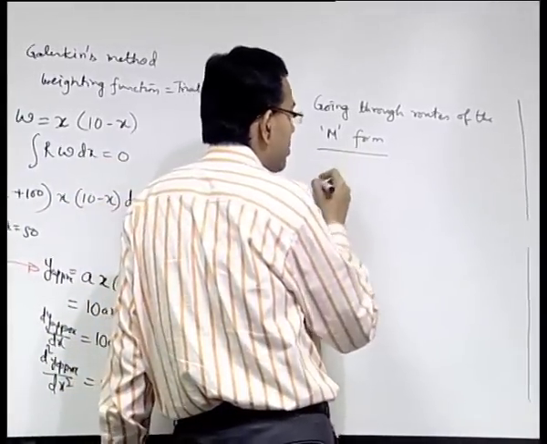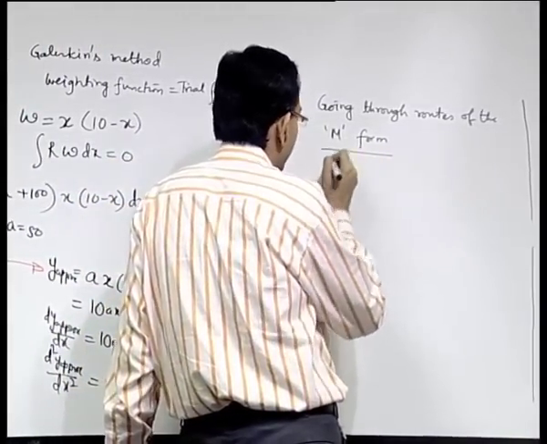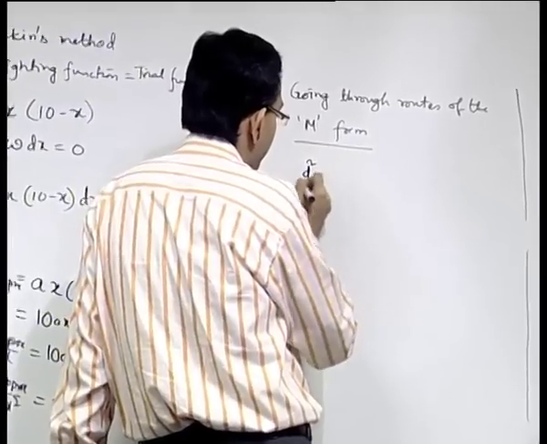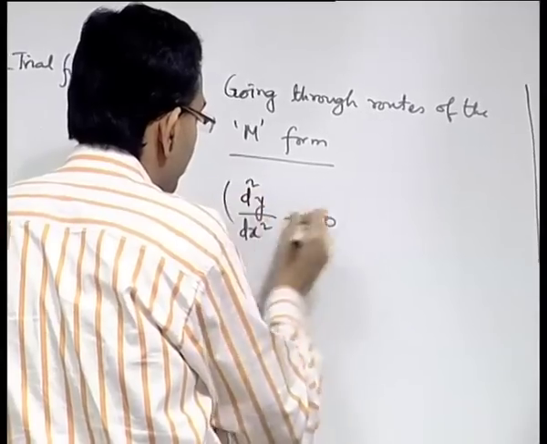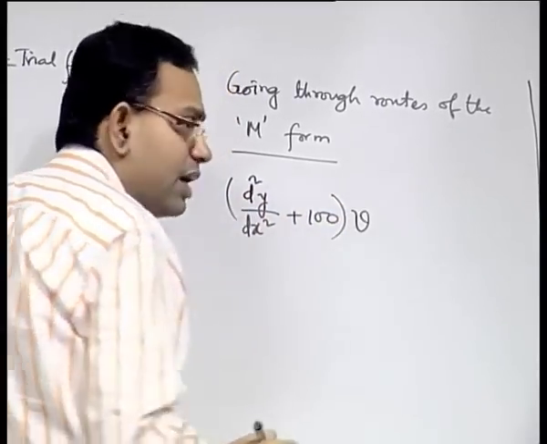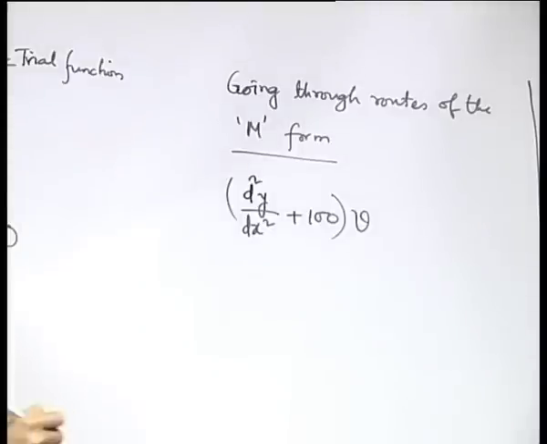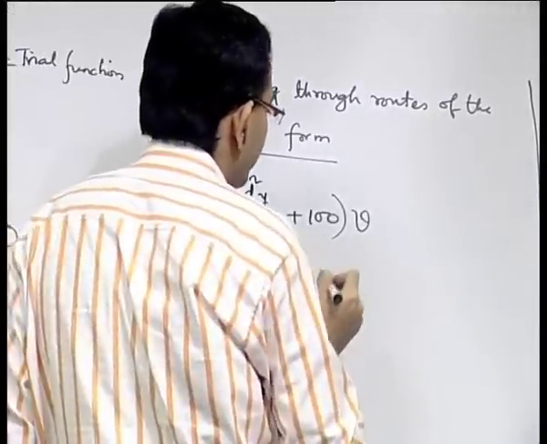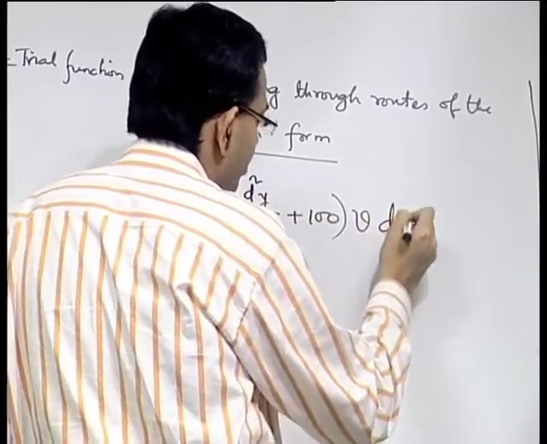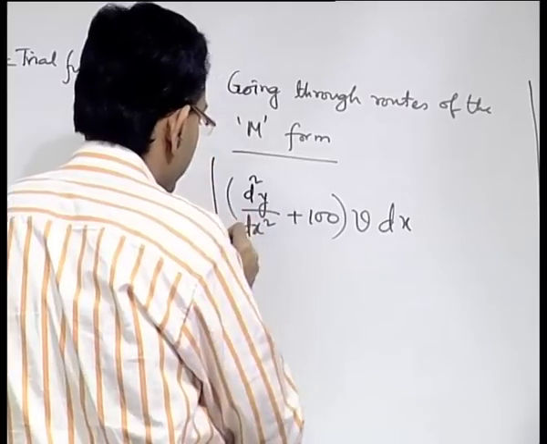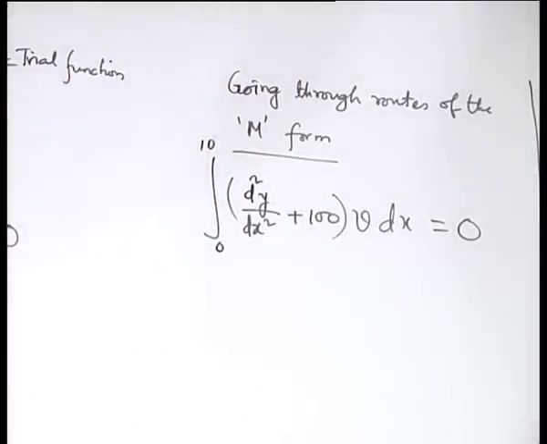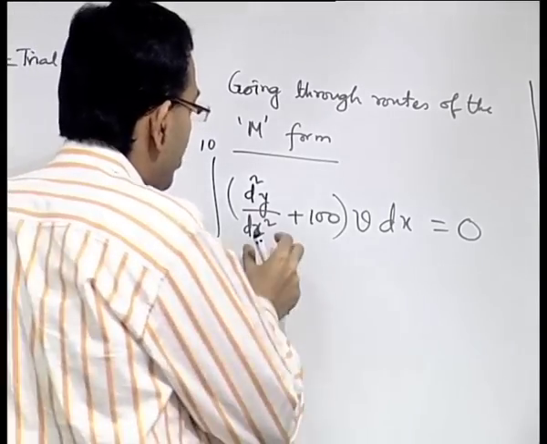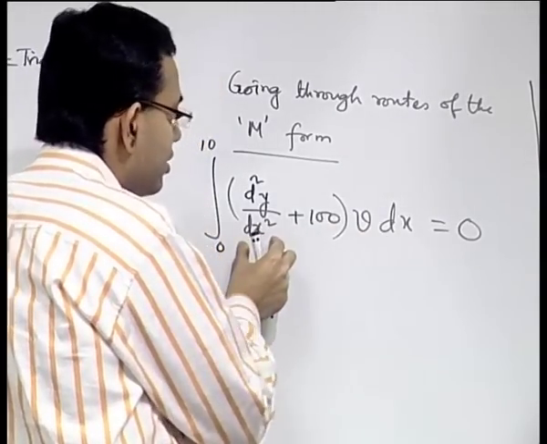So, we have done a similar case earlier. So, let us do it quickly. To derive the M form we first derive the V form. So, we integrate it with respect to x by multiplying it with V and set it to 0. Then we integrate it by parts.